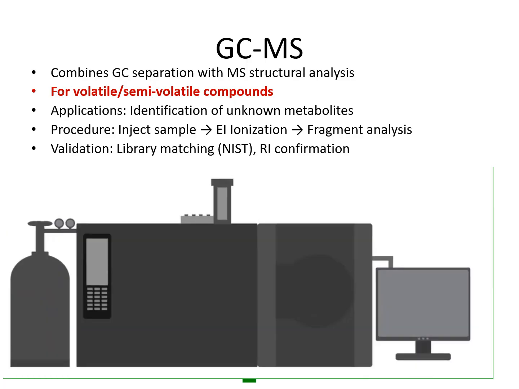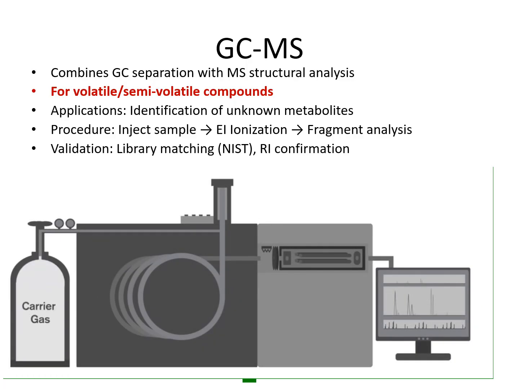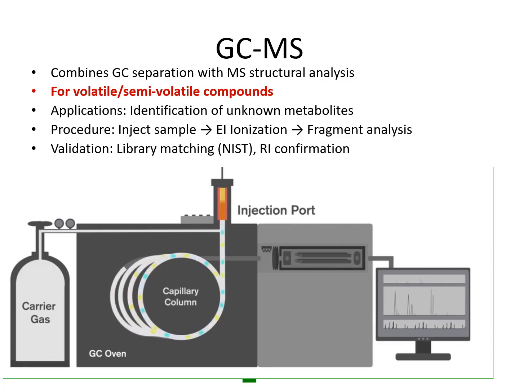In this way the compound is identified based on the ionization characteristics, while the peak area is used to calculate the relative percentage of the compound in the target analyte.